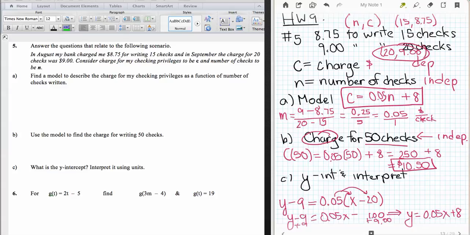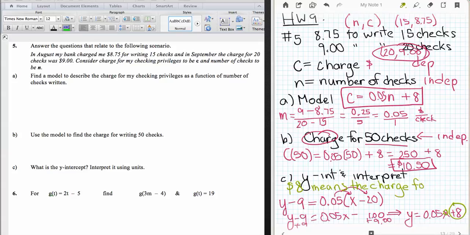Well, the y-intercept is $8. So remember, that's what I found right here. So $8, and this means, and so I have to think about this. Well, it's $8, and that means it's the amount of money when I have 0 checks, right? So it means the charge for writing 0 checks.